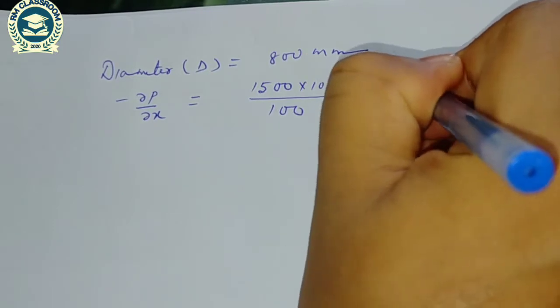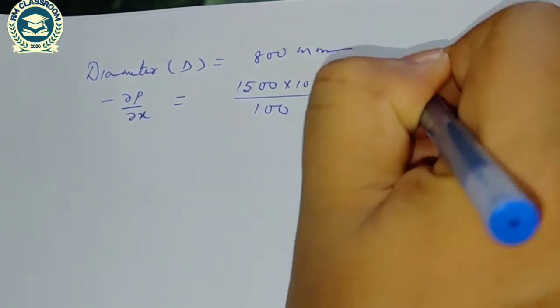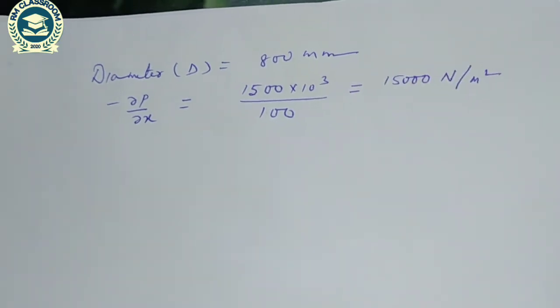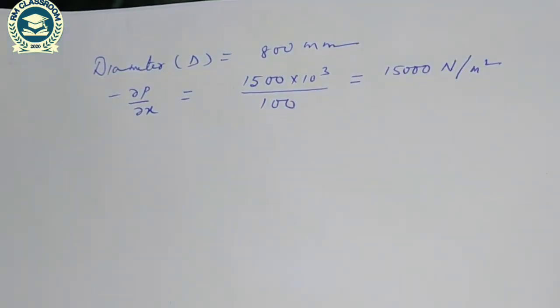So it is coming 15,000 Newton per meter square. This pressure drop is given for the 100 meter length of the pipe.